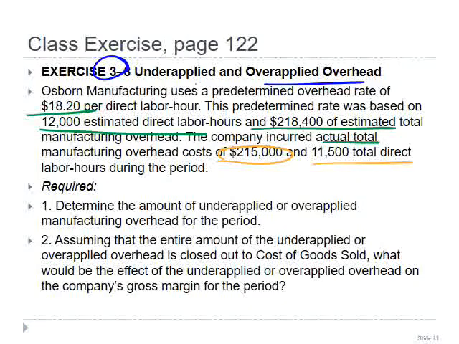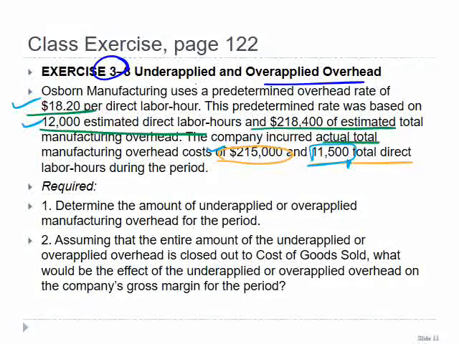Now here comes the question. The actual is 215,000, which is based on 11,500 total direct labor hours, but the estimated 18.20 per direct labor hour is based on 12,000, right? So what did I tell you, that we need to compare apple to apple? So we need to find out applied manufacturing overhead based on 11,500.